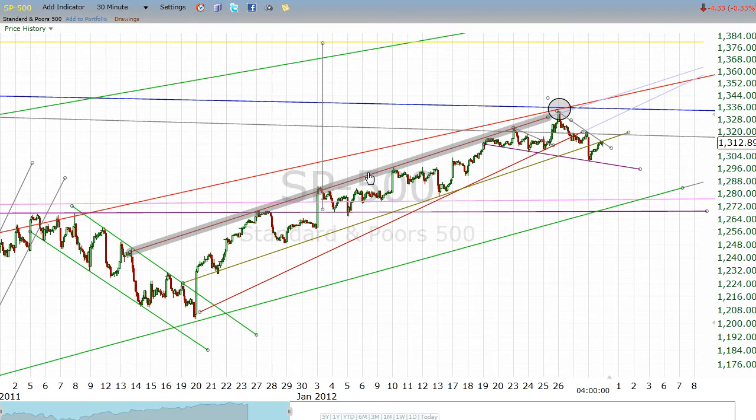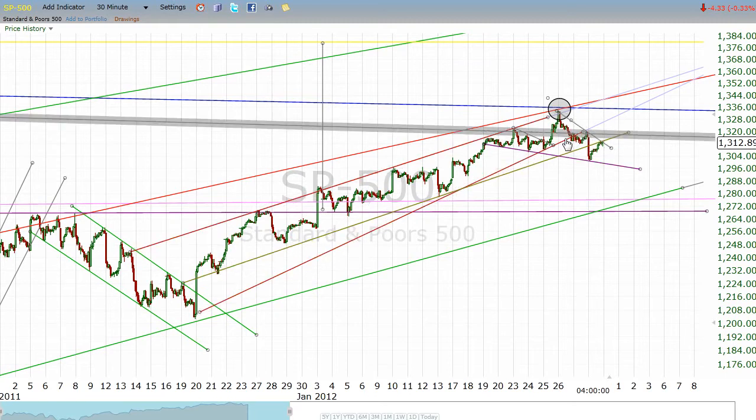You can see that's a wedge because these two lines are getting closer and closer to each other as they rise off this bottom.